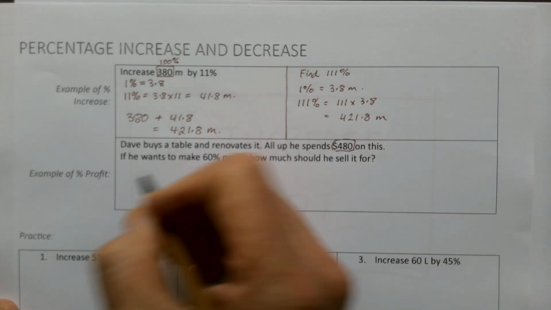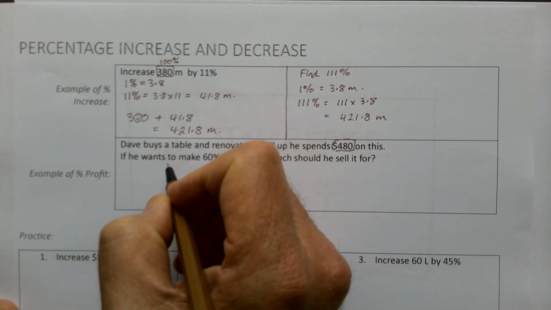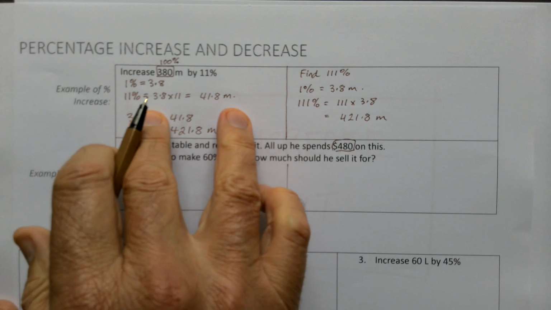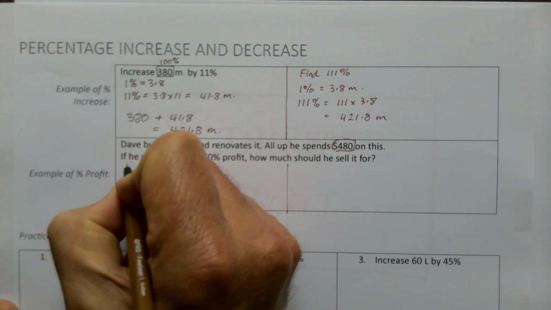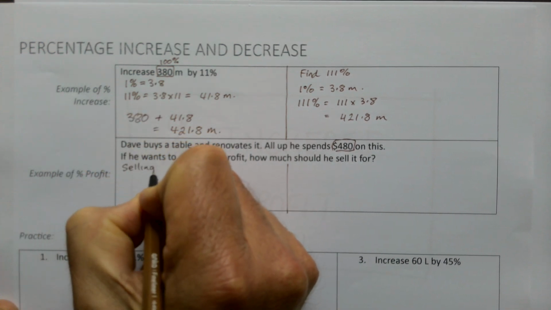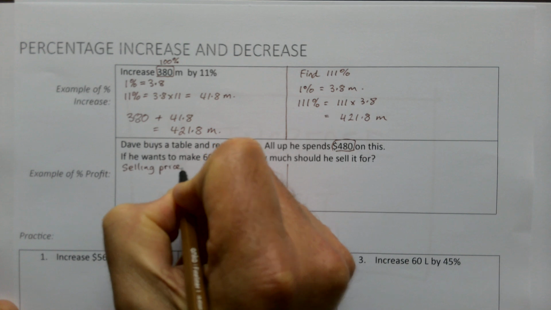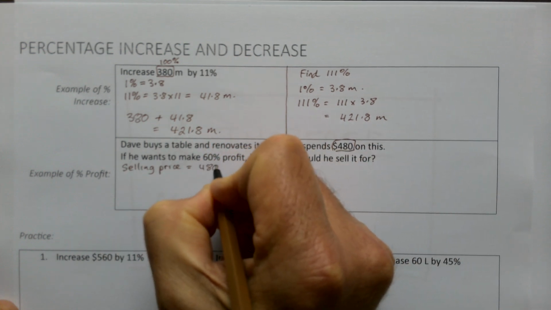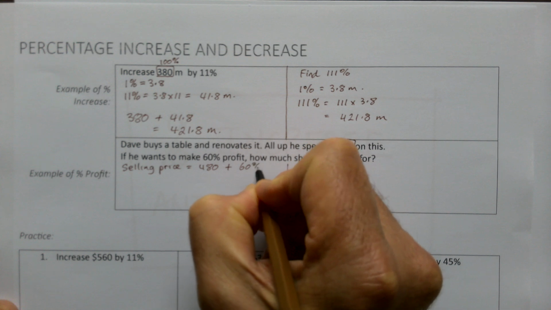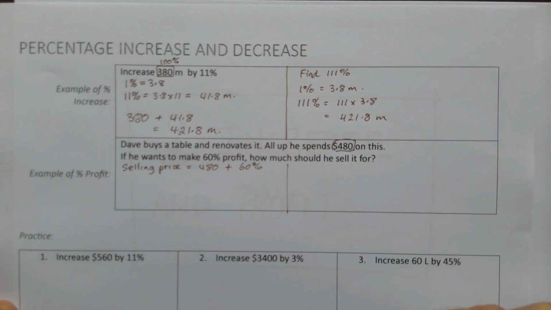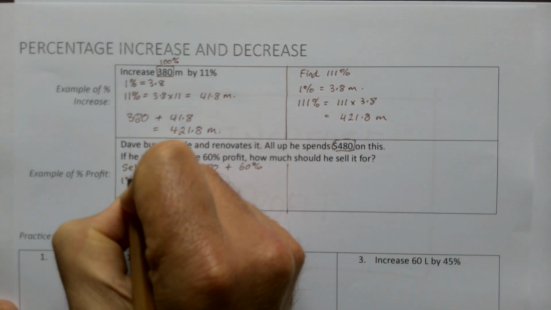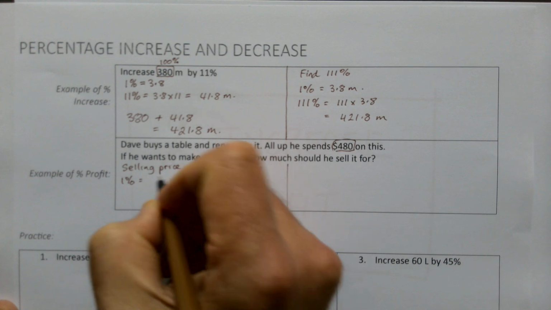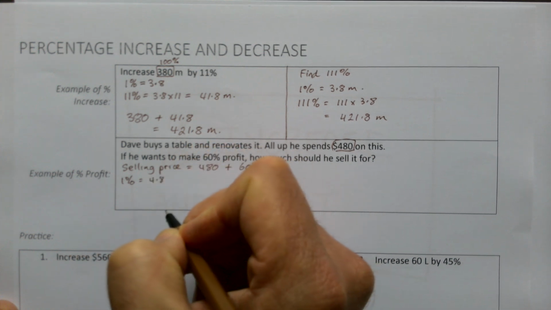So if you're looking at this one here, your selling price is going to be $480 plus 60%. So what's my 1%? 1% is 4.8.